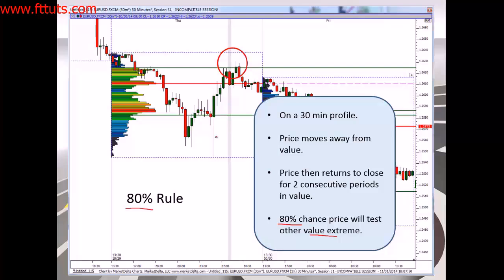This was a shake-them-out move, if you will, and all of the individuals that went long somewhere and left their stop here had their stops killed, and yet they were right. They were following the 80% rule, and the 80% rule did hold.